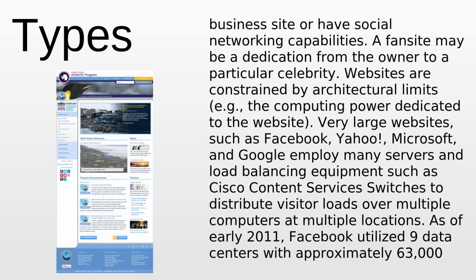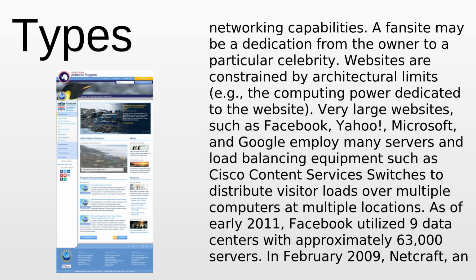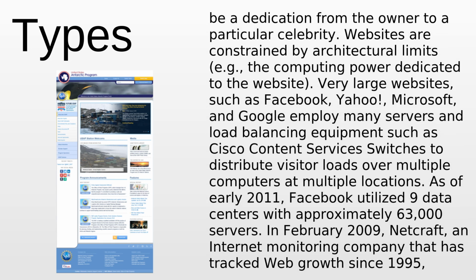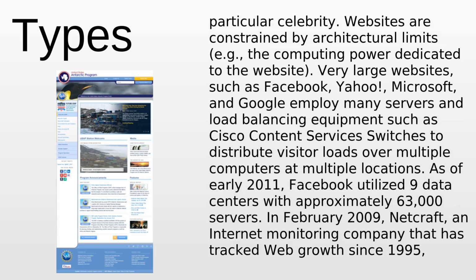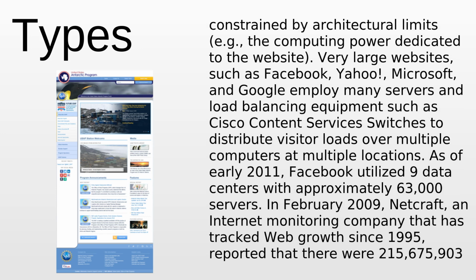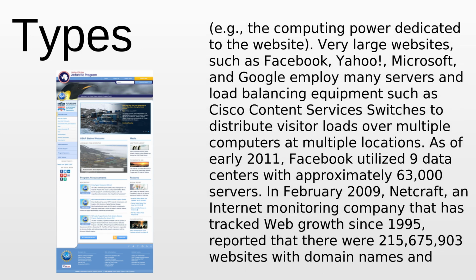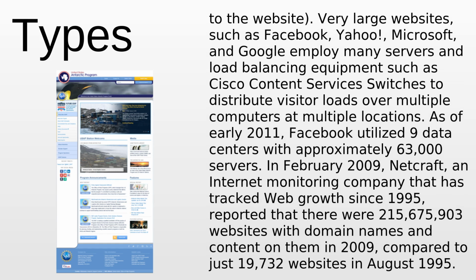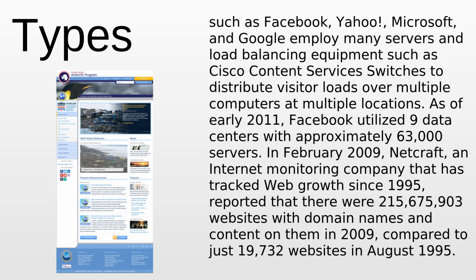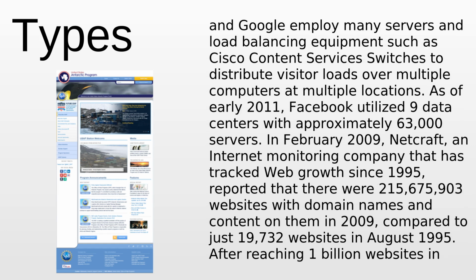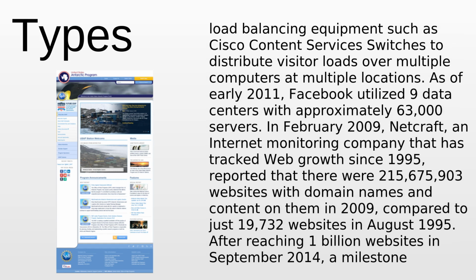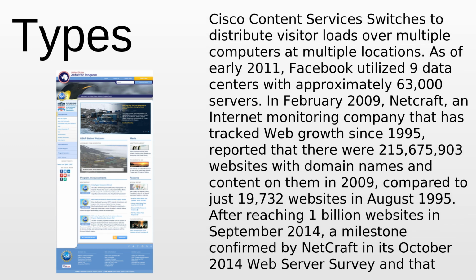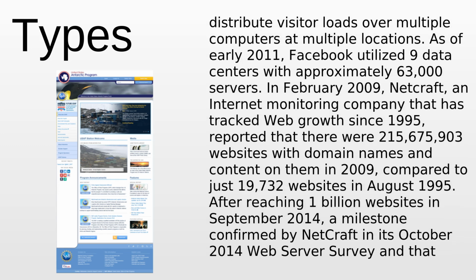Websites are constrained by architectural limits, e.g., the computing power dedicated to the website. Very large websites, such as Facebook, Yahoo, Microsoft, and Google employ many servers and load balancing equipment such as Cisco Content Services switches to distribute visitor loads over multiple computers at multiple locations. As of early 2011, Facebook utilized 9 data centers with approximately 63,000 servers.